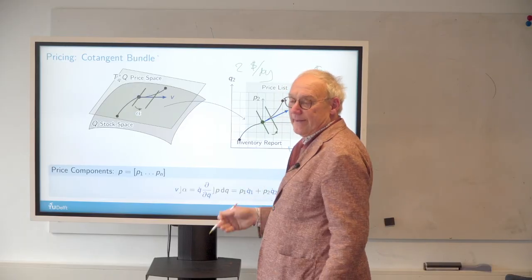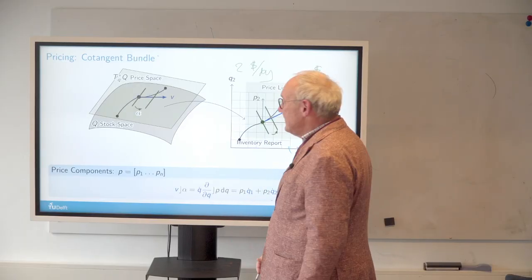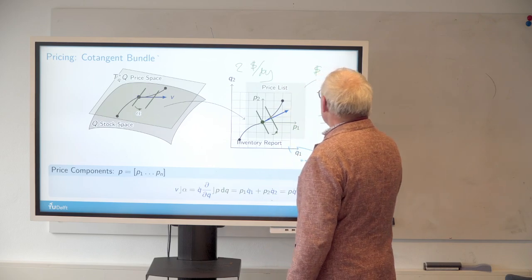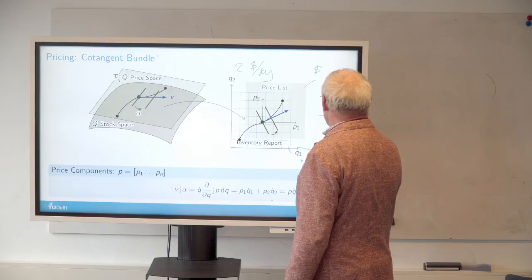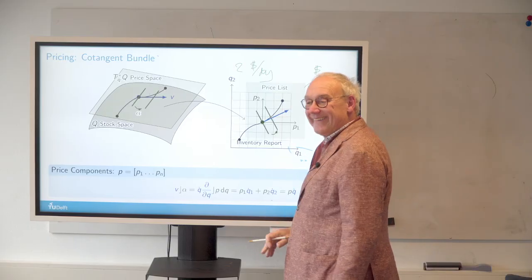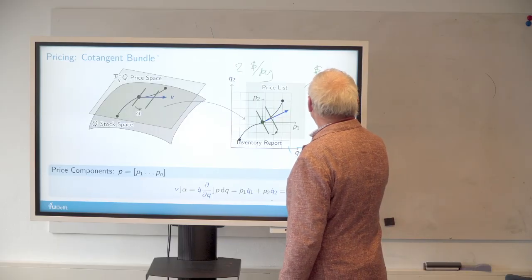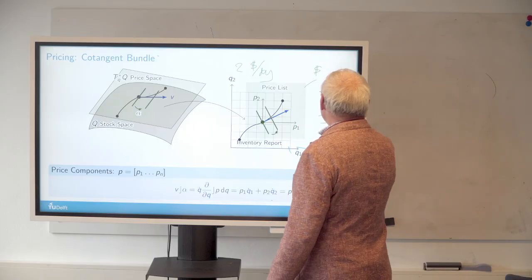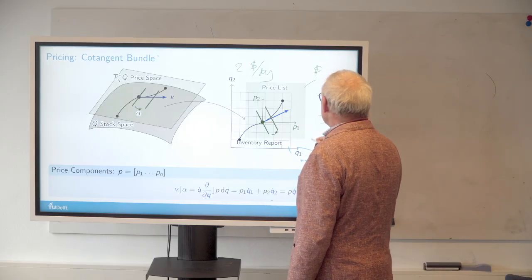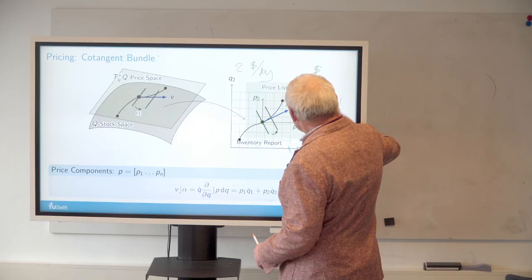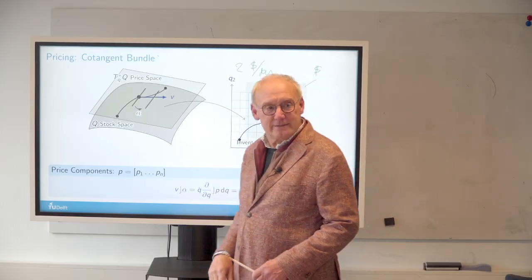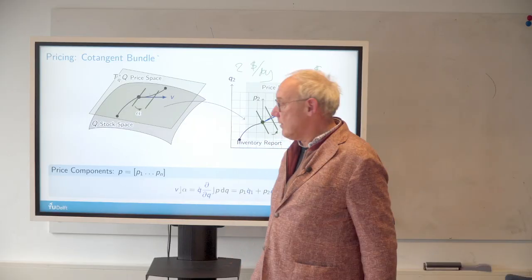It will be P1 and P2, right? So this one will only have P2, and this one will only have P1, right? This one will be P1, DQ1, and the other one is in the other direction. All right? So you can write it out in components.